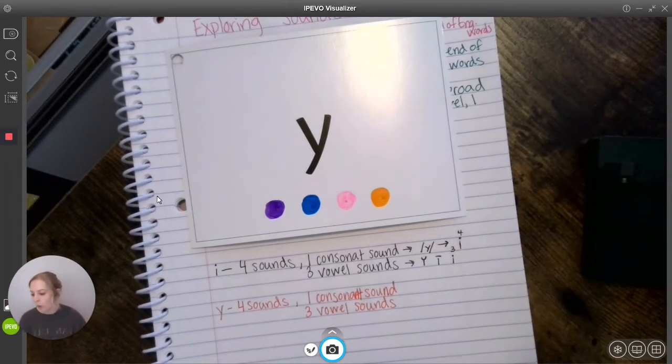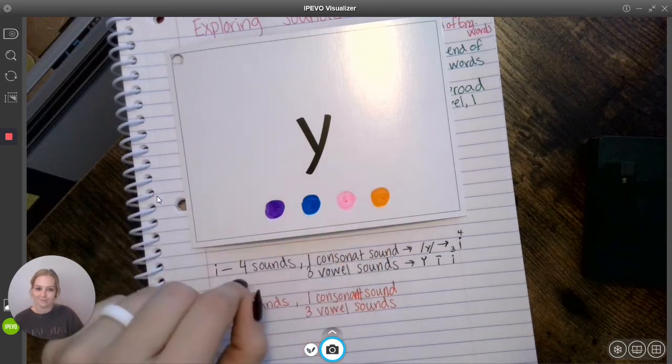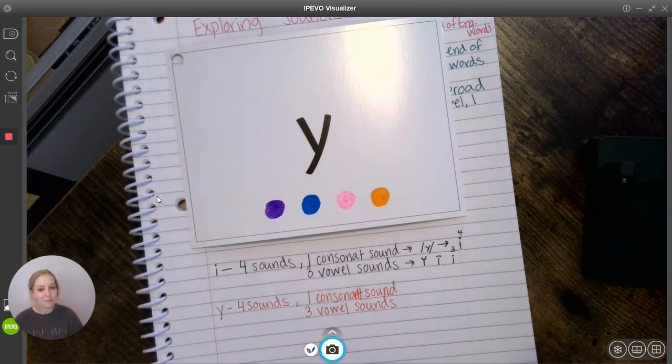Okay, which one is the short vowel sound? Which one's the short one? Yeah, it's I. I is the short vowel sound.